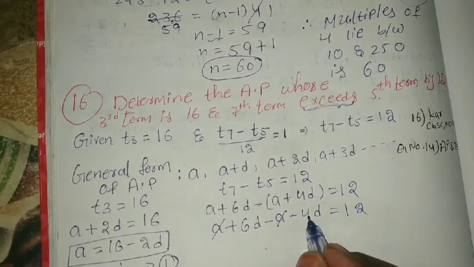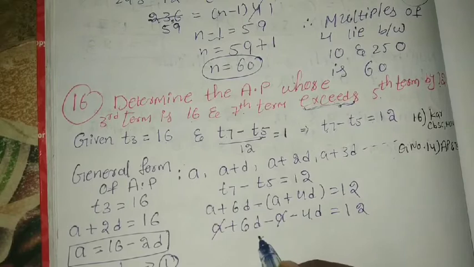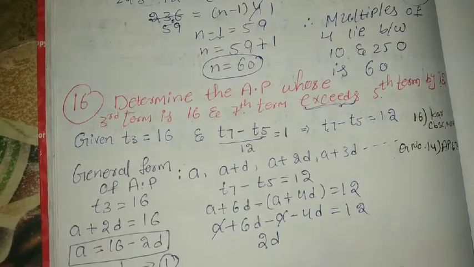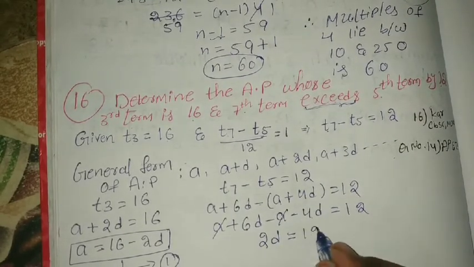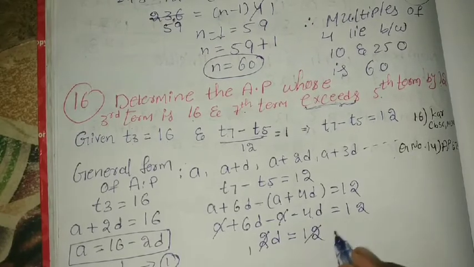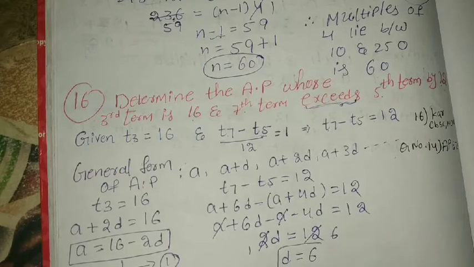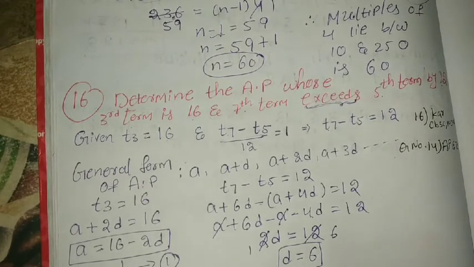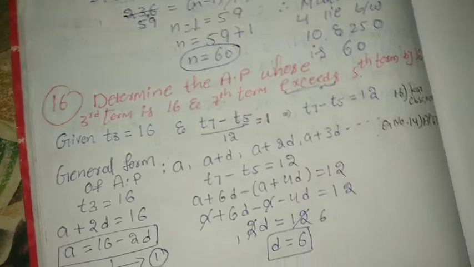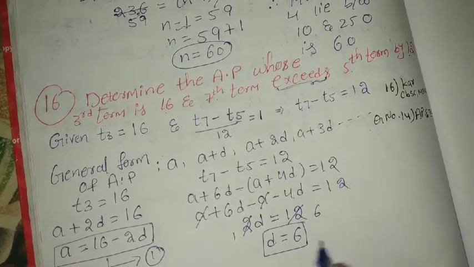What is 6 minus 4? 2, and d is common. Write it down like that: 2d is equal to 12. 2 ones are 2, 2 sixes are 12. So d is 6. Understand? The common difference is 6.